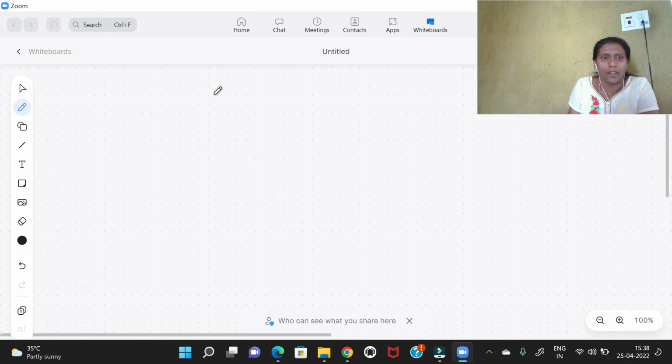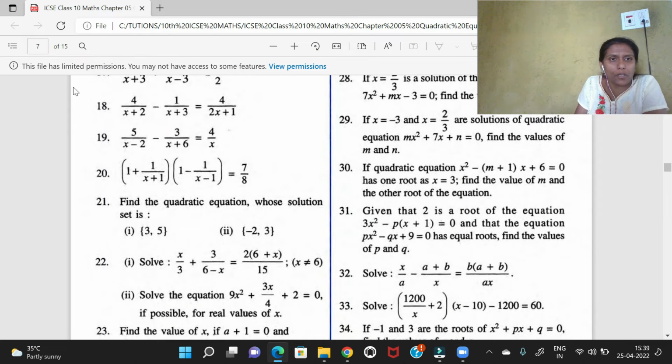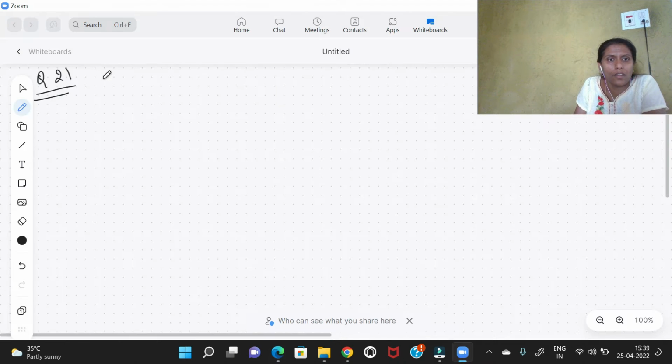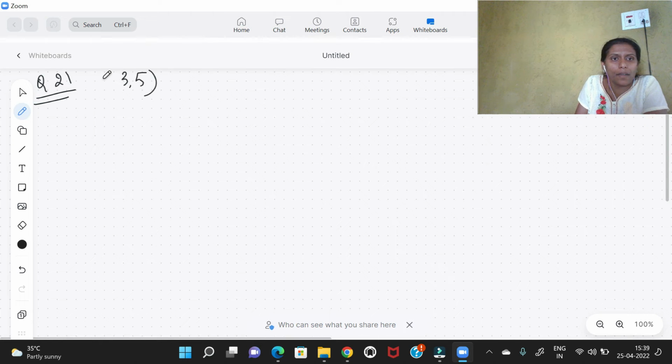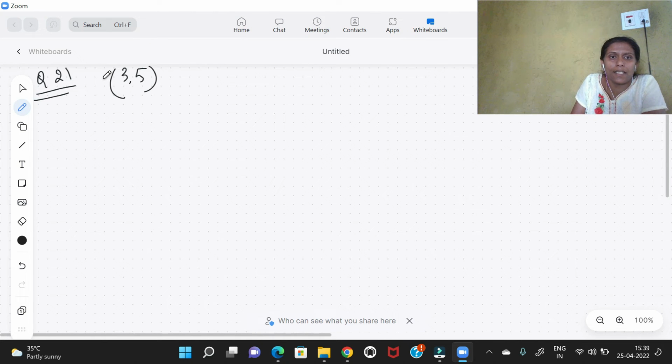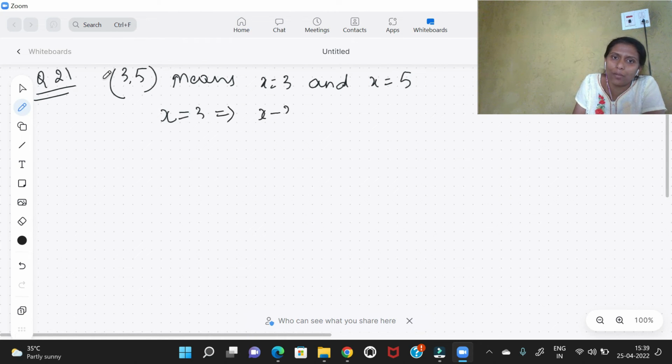Okay. So, in the solution set, I will go for question 21. Alright. So, when I go for question 21, the first one is the solution set 3, 5. It means x is equal to 3 and x is equal to 5. When I say x is equal to 3, can I also say it as x minus 3 is equal to 0?